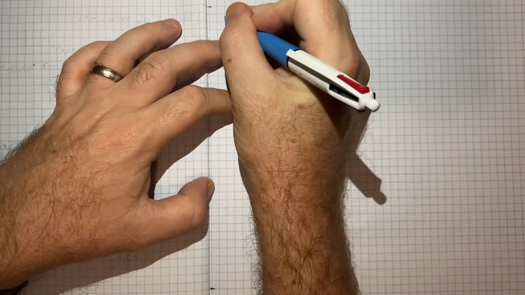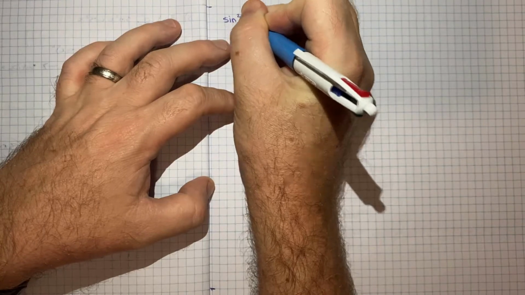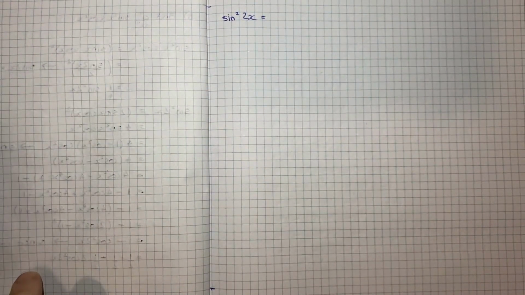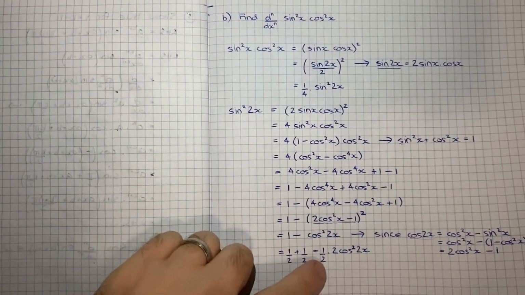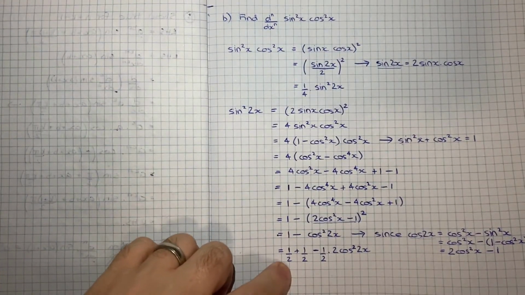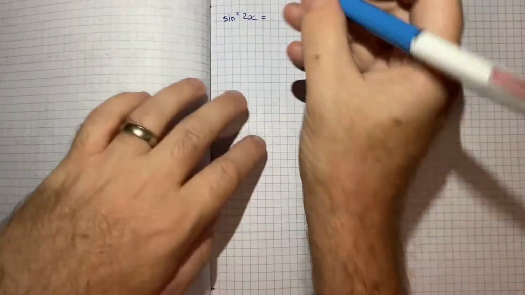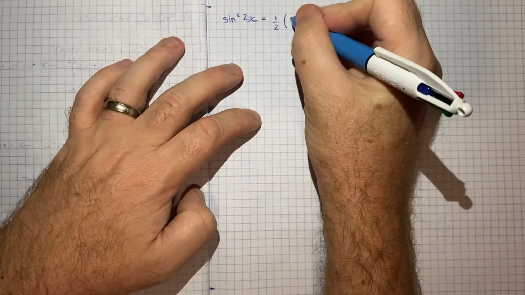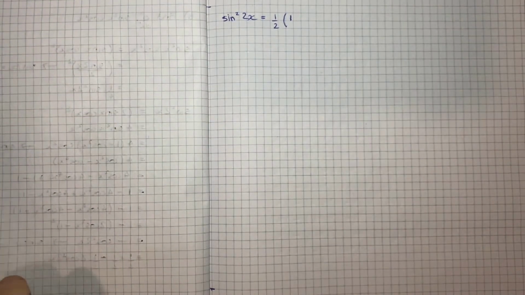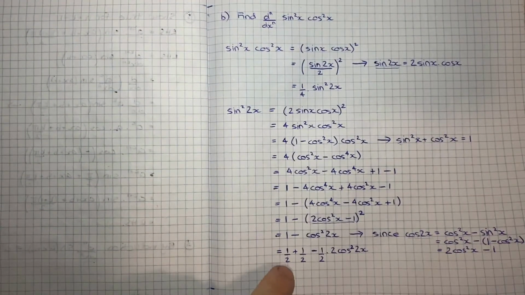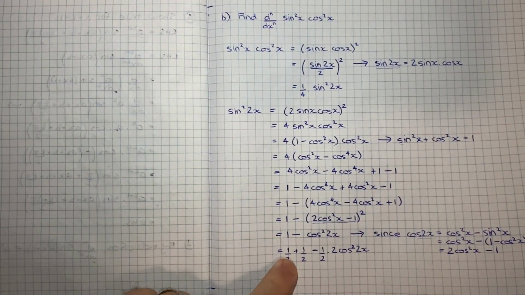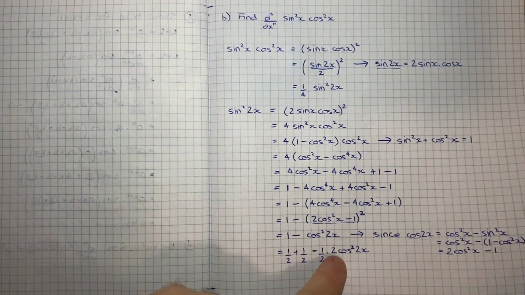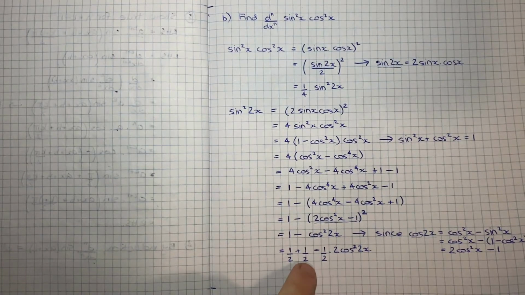So where we're at is that sine squared 2x can be written as, what I'll do now is I'll factor out this half. So I could say it's a half bracket, and we'll have 1 being the first half. And then I'll say that's minus the 2 cos squared 2x and then plus the other half.